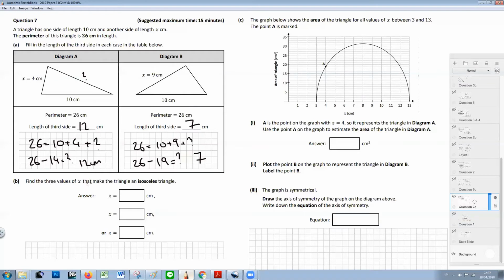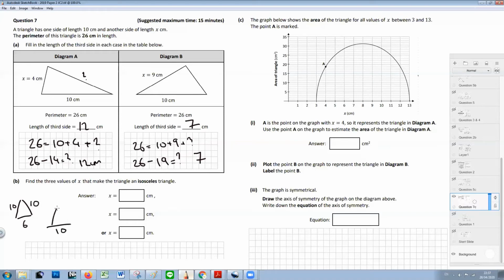Find the 3 values of x which make the triangle an isosceles triangle. So we know that one of the lengths is 10. So if we assume for a second that this was 10, and we know that in an isosceles triangle, 2 of the lengths have to be the same. So I could have a length here. Now, if that was 10, I'm going to have a base of 6. So that's one version. Another version I could have is a base of 10.